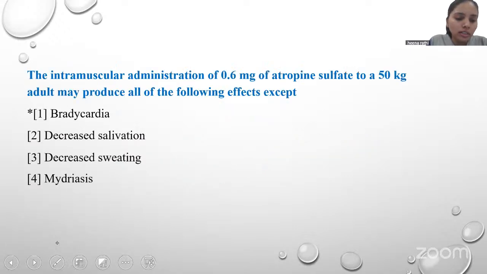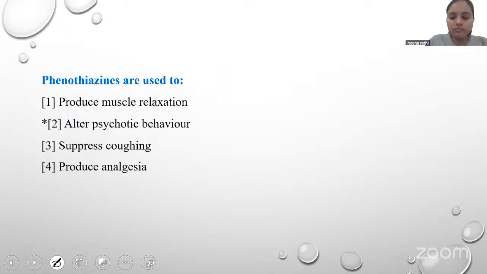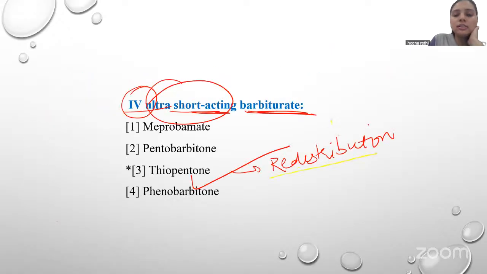What is redistribution? Redistribution means that a highly lipid soluble drug is taken up first by the high blood flow organs, like the brain and the heart. After they have used the drug, they give it away to the lesser blood supply organs.